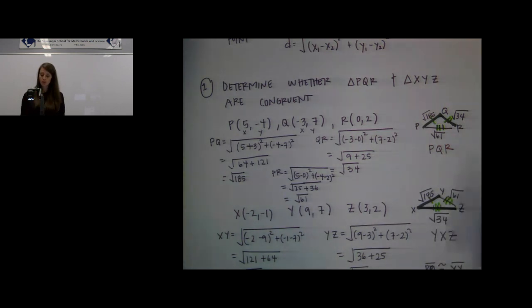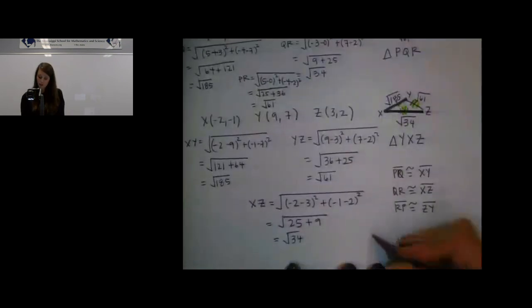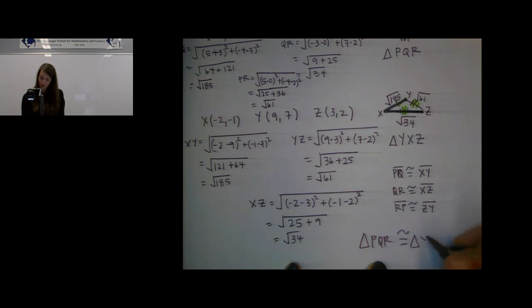Now those triangles are congruent, and remember you have to write it with the sides and the congruent parts in order. So let me write that correctly now for you. Triangle PQR is going to be congruent to triangle YXZ.